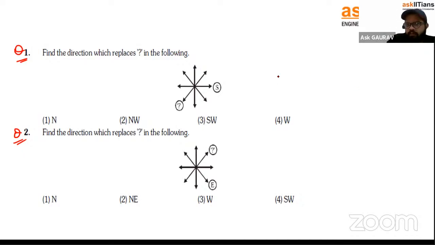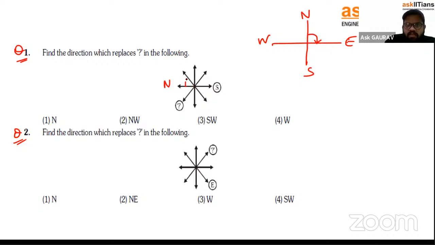Okay, see, this is south, so the opposite will be north. Now this is north, this is south, this is west, and this is east. If you move clockwise from north at 90 degrees, it will be east.